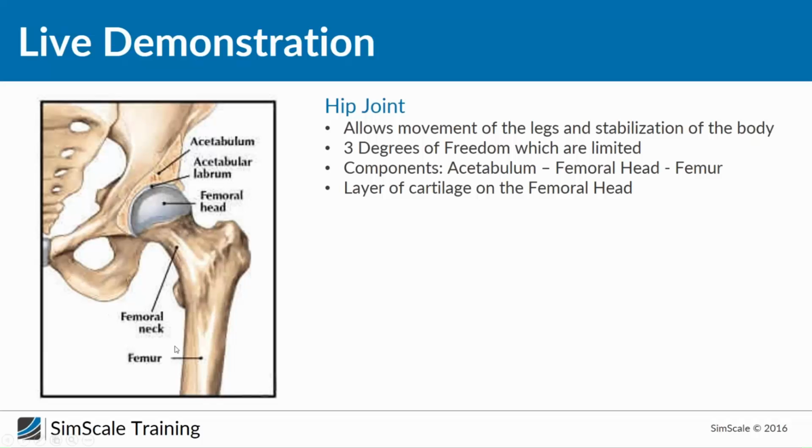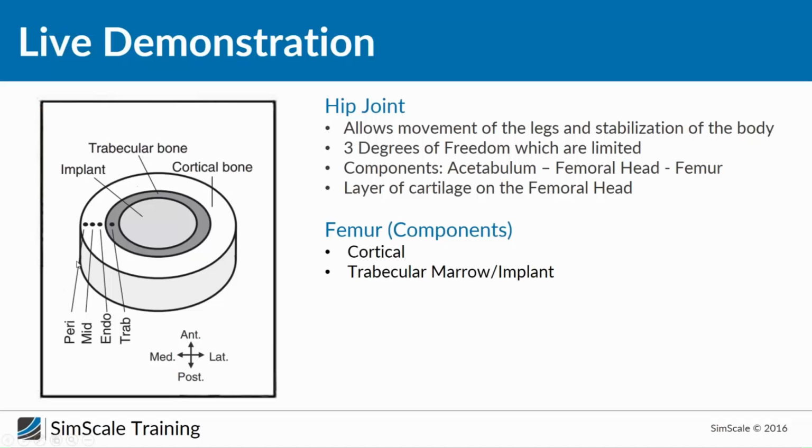So if you would make a cut here and take a look, you would see that the femur is made in the end of 3 components. And the first outer component is the so-called cortical bone, and it includes sublayers like peri, mid, endo, and this cortical bone in the end is the outer skin of the bone.